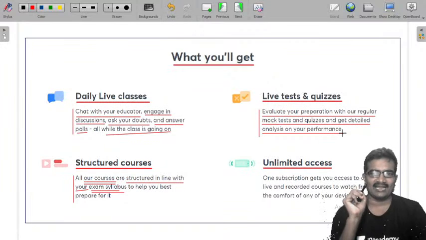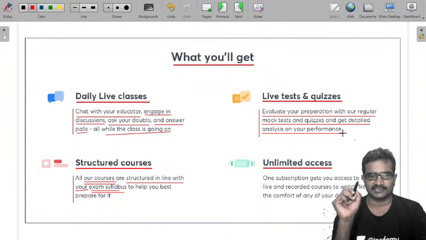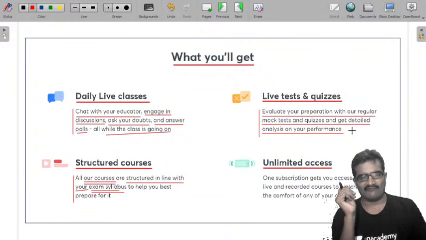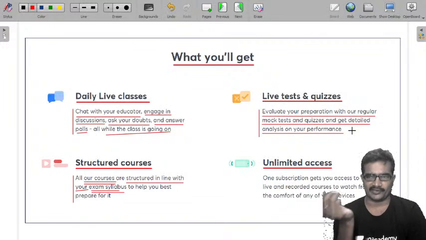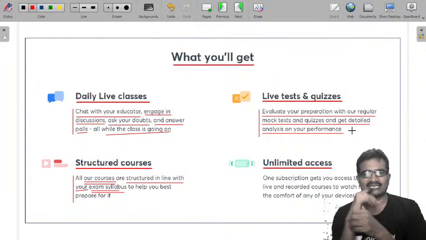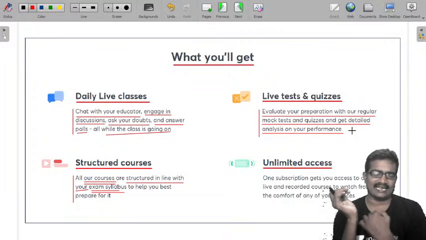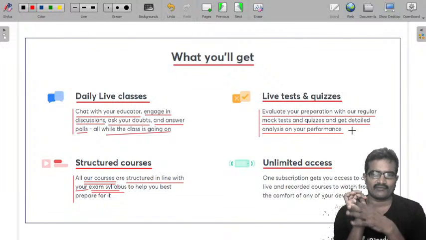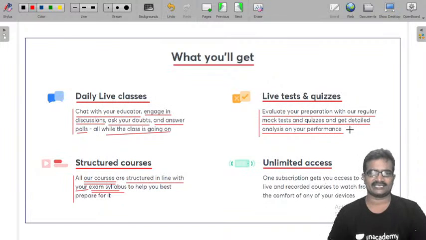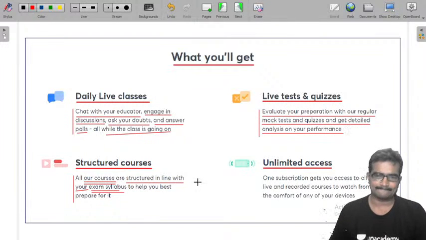Regularly, we are going to conduct mock tests and quizzes. By participating in them, you can evaluate your preparation. At the same time, once you attempt a test or quiz, after completion of that test or quiz, we will give the detailed analysis of your performance in it.